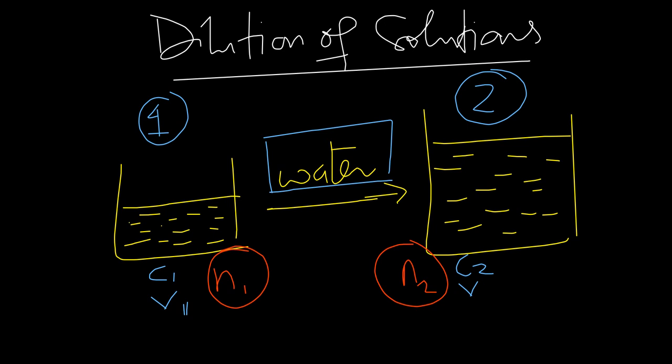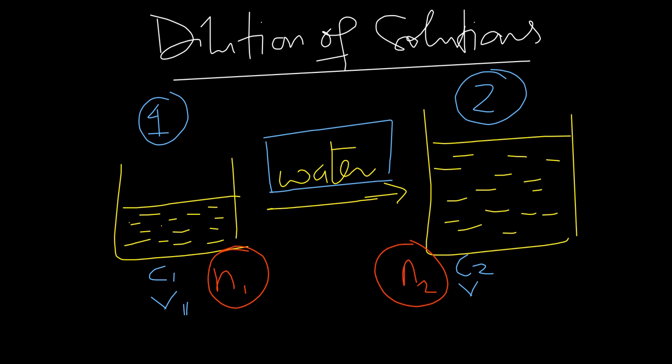Now remember that the mole depends on the quantity of the chemical, in this case sodium chloride, that was placed in the solution. But you realize that all we did was add water to the first solution to get the second solution. We didn't add any sodium chloride. So because we did not add any sodium chloride, the mole or the amount of the sodium chloride will not change.